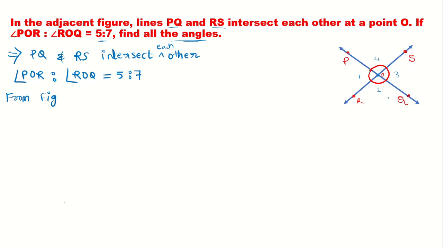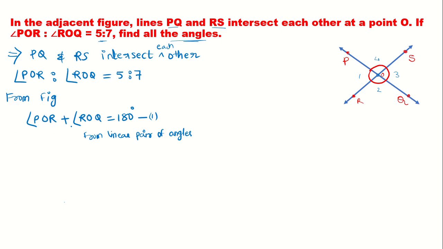PQ is a straight line and it divides two angles, that is angle POR plus the other angle, angle ROQ, which equals 180 degrees from linear pair of angles. From linear pair of angles, we have PQ as a straight line with point O. It divides two angles, angle POR and angle ROQ.